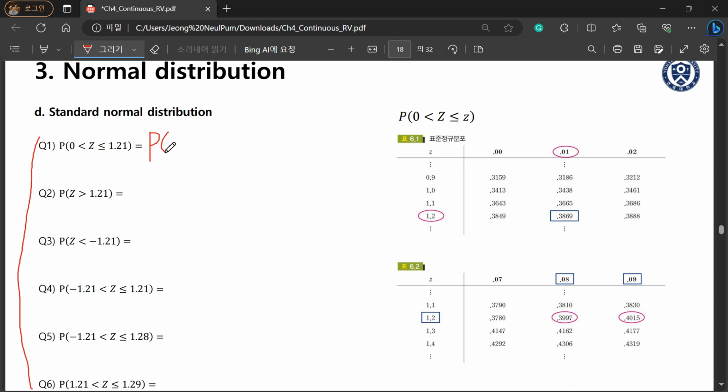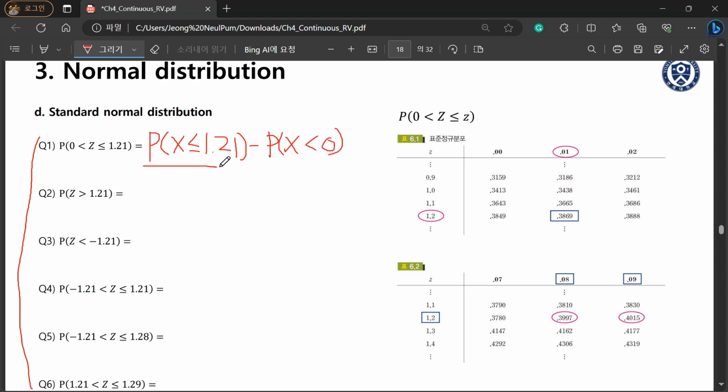So this is the same as the difference between two CDF values: the probability when x is less than or equal to 1.21 minus the probability when our x value is 0.